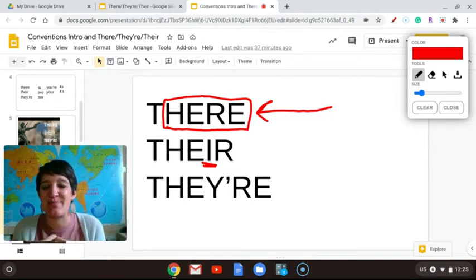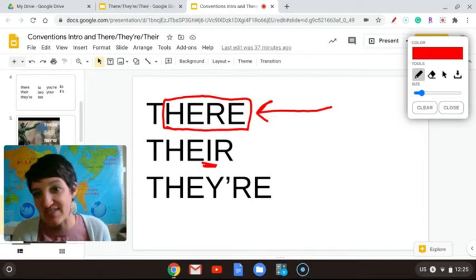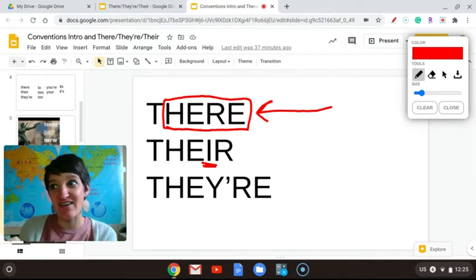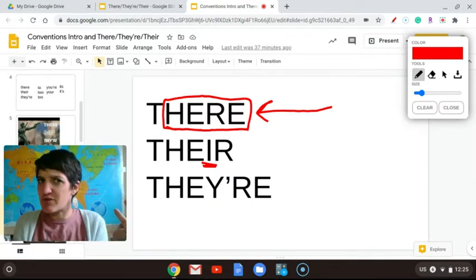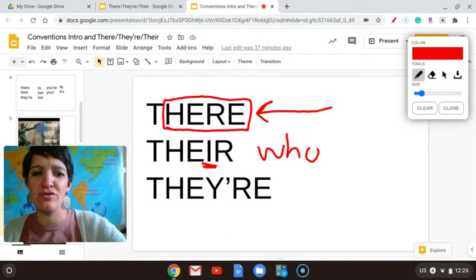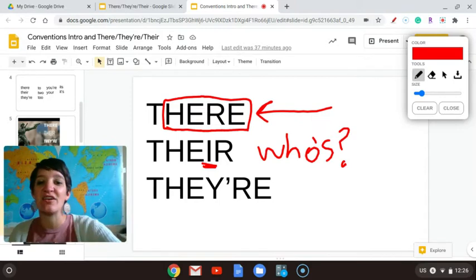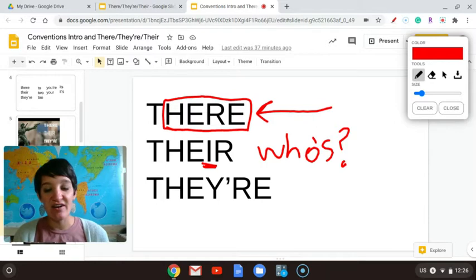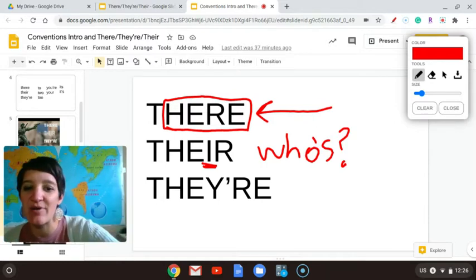Someone owns something. Something is in possession of something else. Like in the video, it said that is their motorcycle. Whose motorcycle is it? It's theirs. So if you can answer the whose is it with a hey, it's theirs, then you're going to want the there with the I.